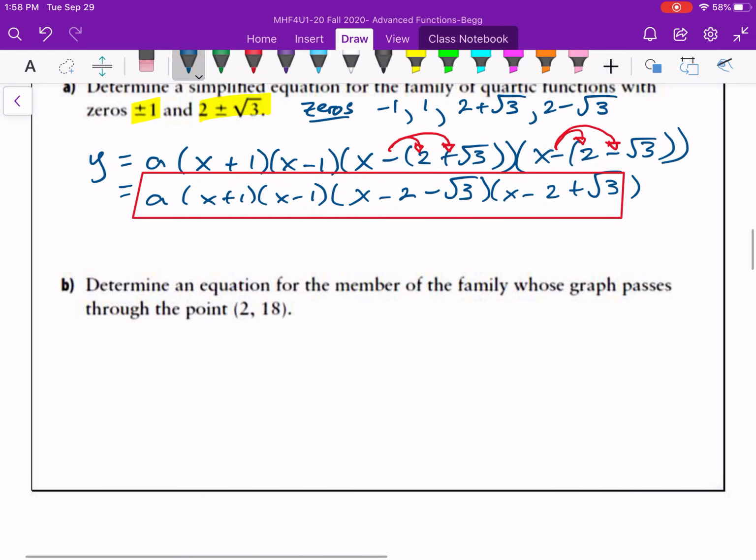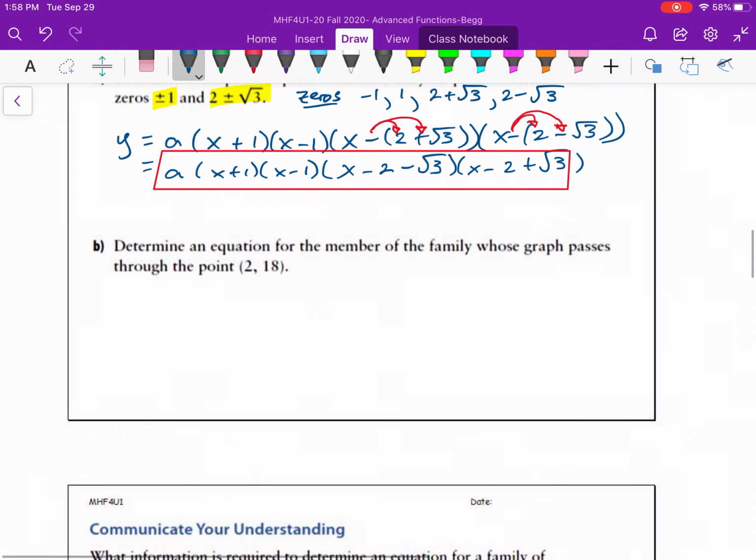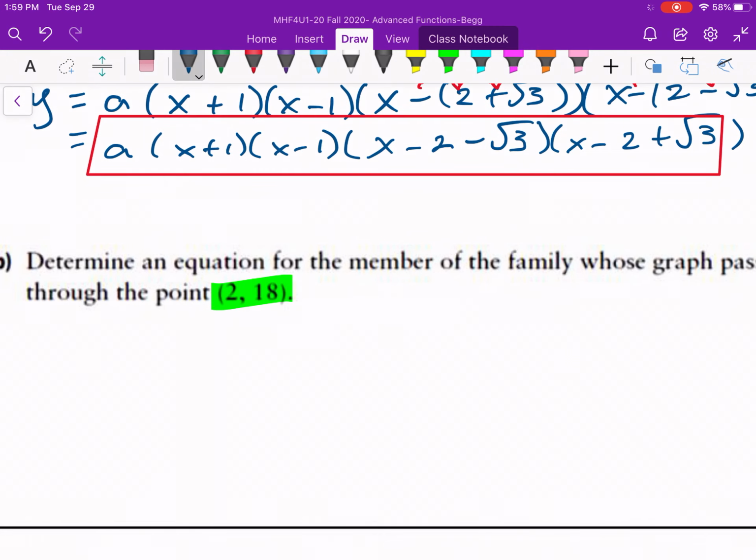And then to find an equation for a specific family member who passes through the point (2, 18), again, we just plug that in for x and y. 18 equals a times (2 plus 1).